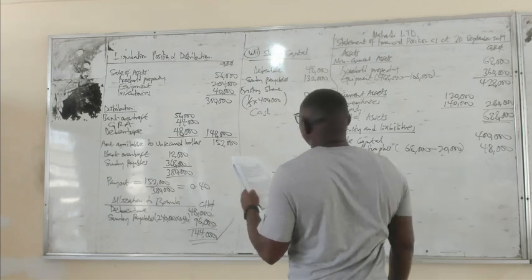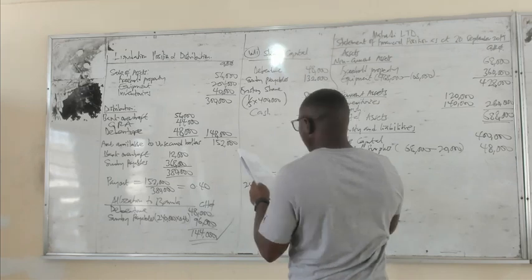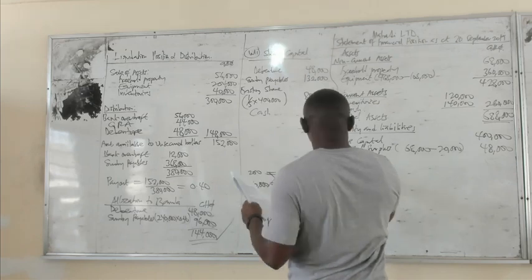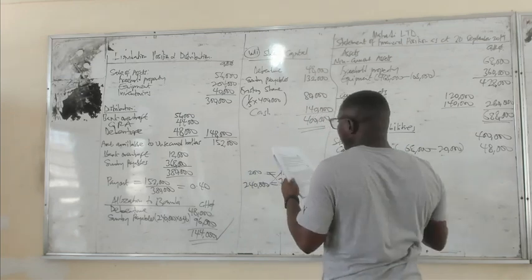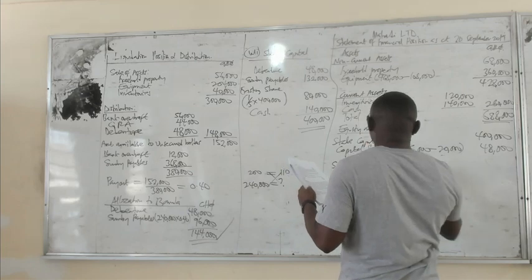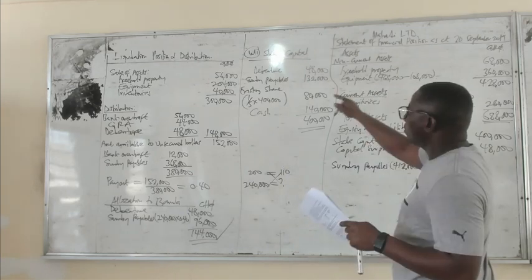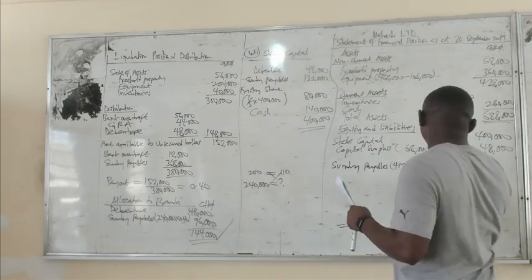And then payables. Sundry payables. So please, with the payables, out of 412,000, Mahadi owes 240, of which 200 have been converted.